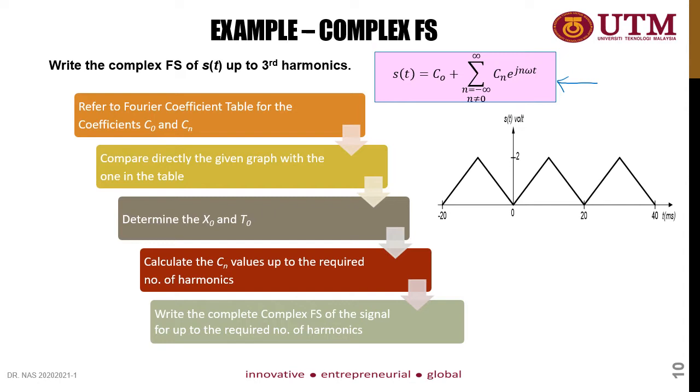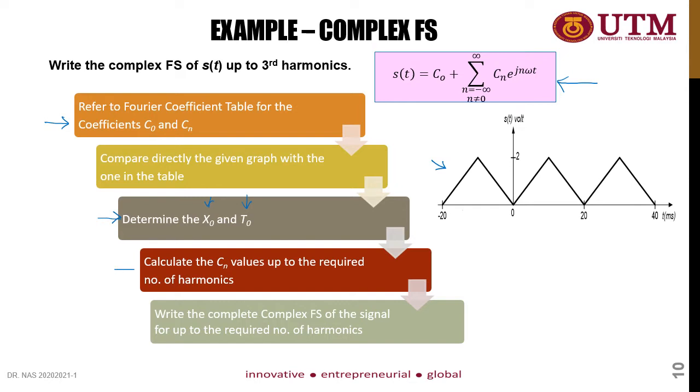So the first step, when you are given a signal, is to refer to the table for the coefficient values C0 and Cn, and you need to compare the given graph with the graph in the table, and you need to determine all parameters included, for example the x0 and the t0.